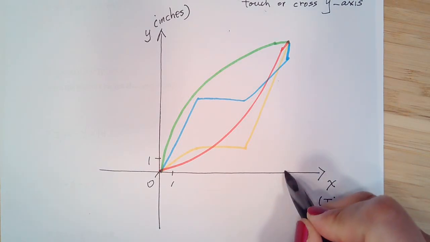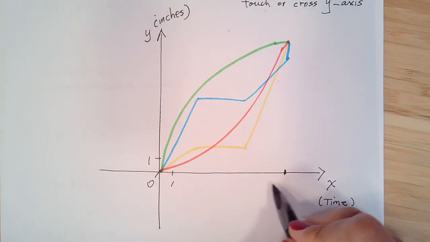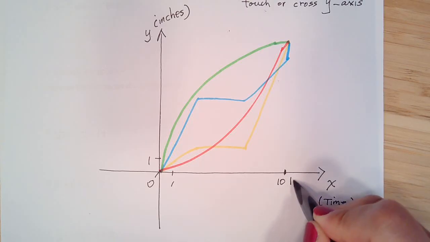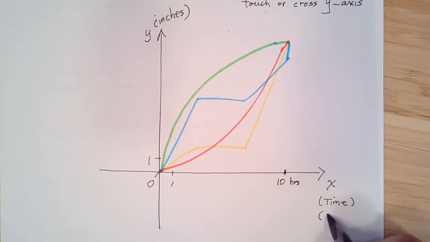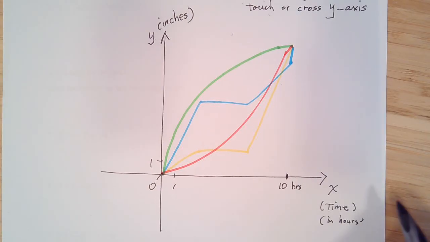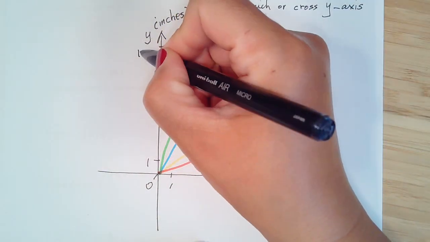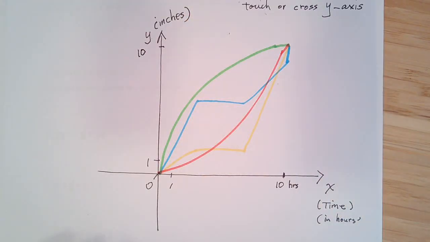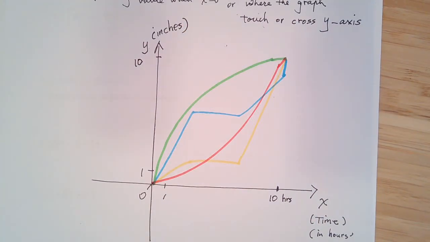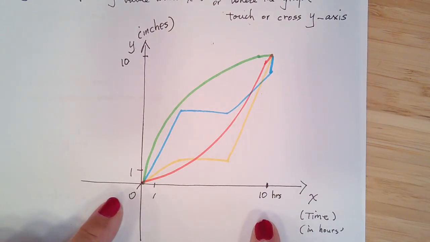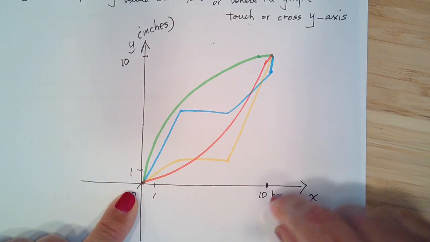So here, let's say this is 10 hours. This is in hours, and this is in inches. So here's also 10. Now, there are 4 cities. I just call them a green city, blue city, yellow city, and a red city. In 10 hours of time, they get 10 inches of snow.